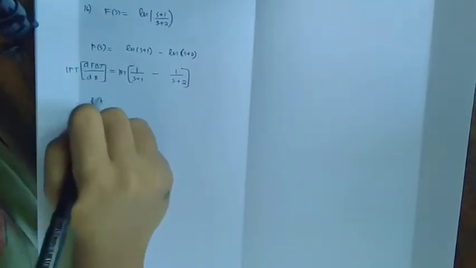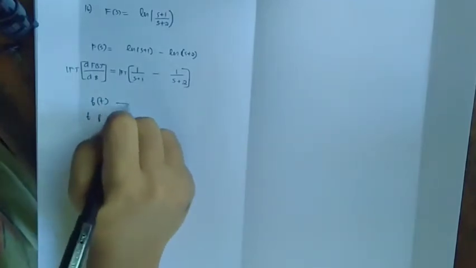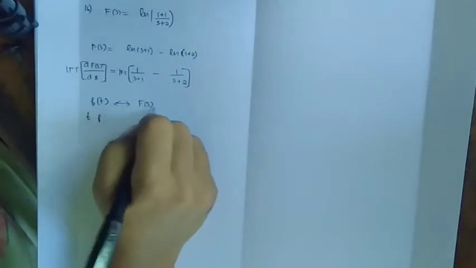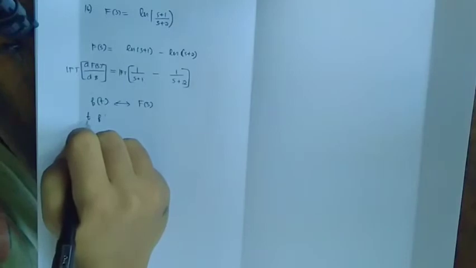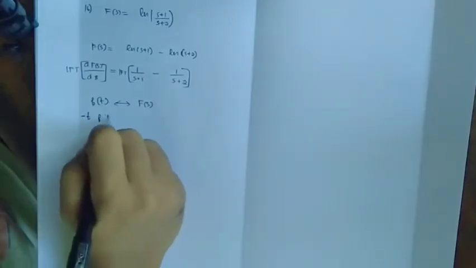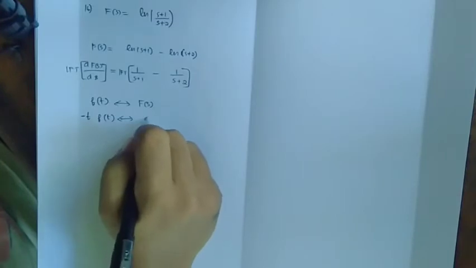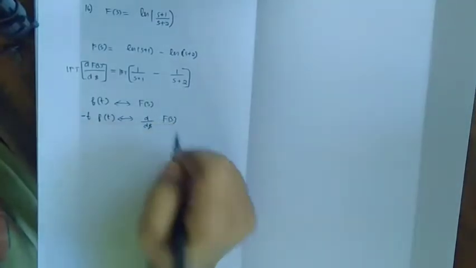We know the property of the Laplace transform: if f of t has Laplace transform f of s, then what happens if it is multiplied by minus t, we'll get d by ds of f of s, right?